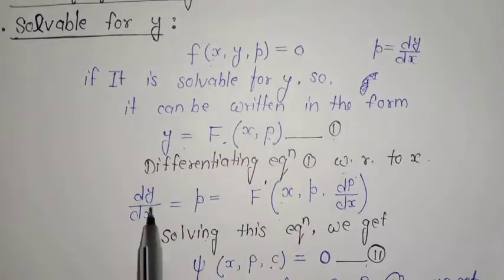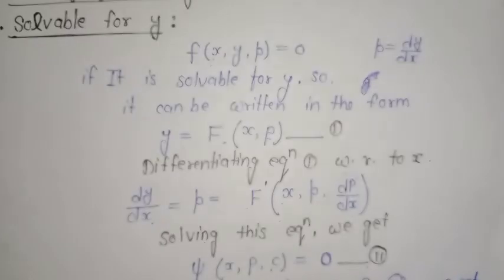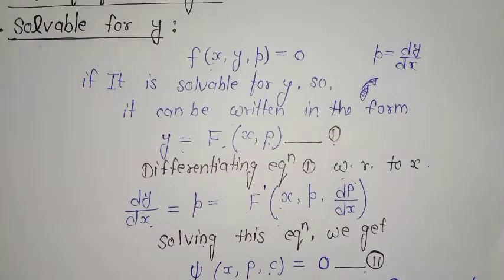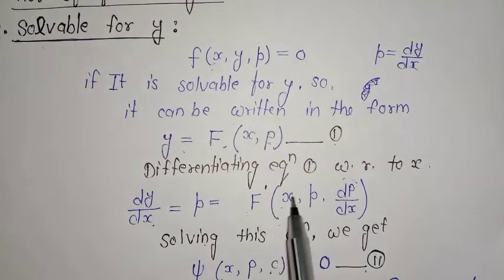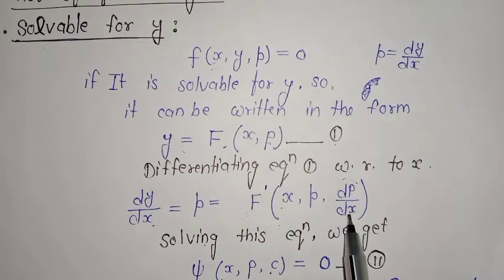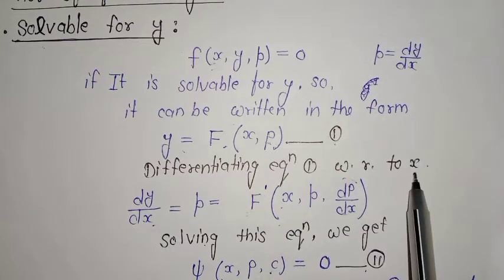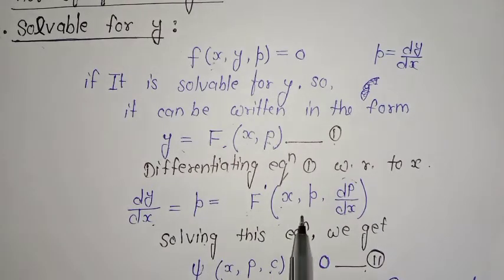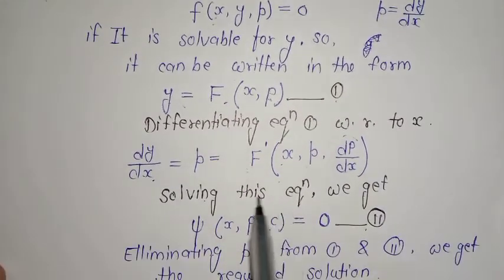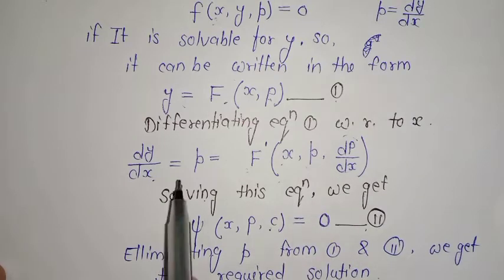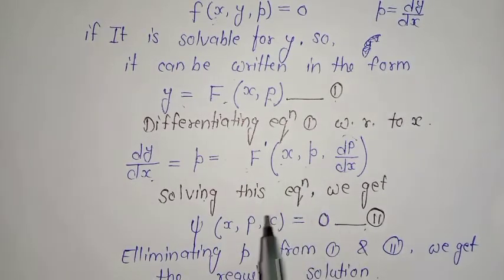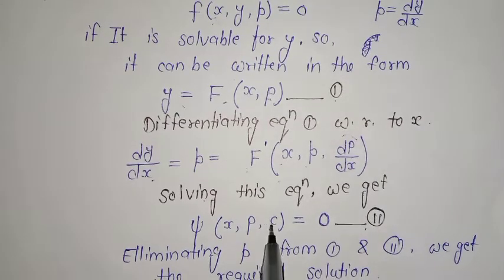After taking the derivative, the left side becomes dy by dx, which can be written as p, and the right side becomes a function of x, p and dp by dx. Since we have taken the derivative with respect to x, p becomes dp by dx. Now we will solve this equation, and after solving it we have to take the integration, and after integration we get an arbitrary integrating constant.